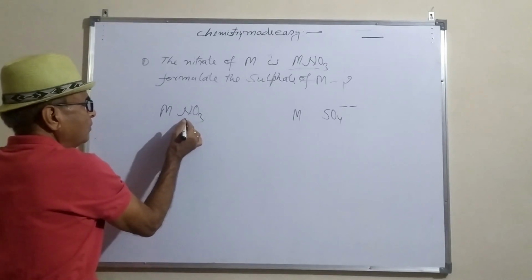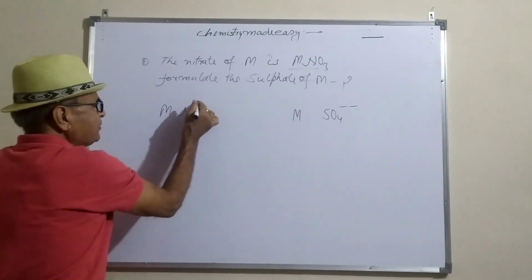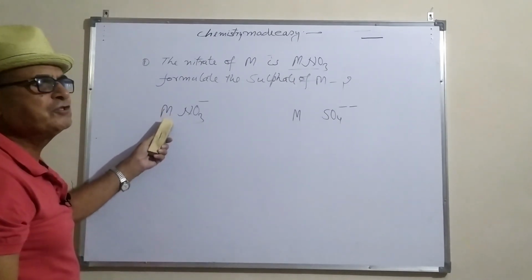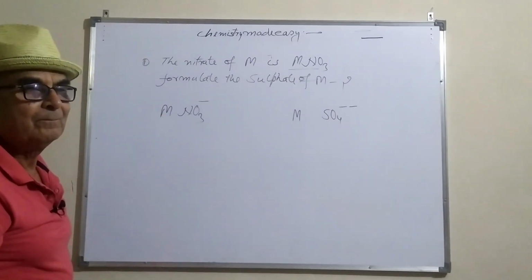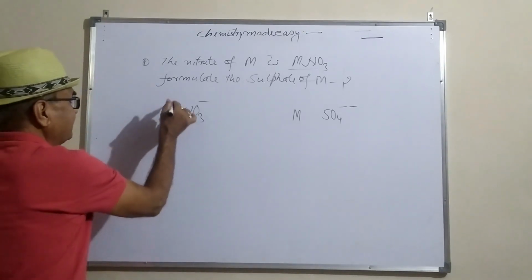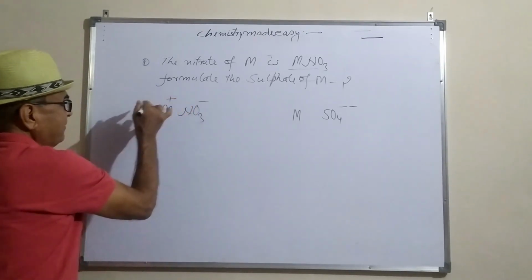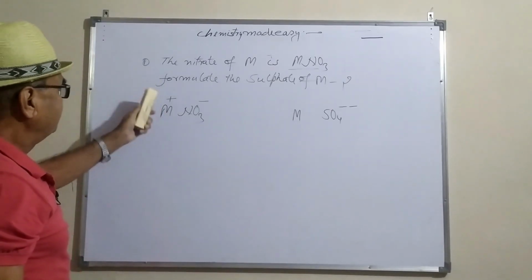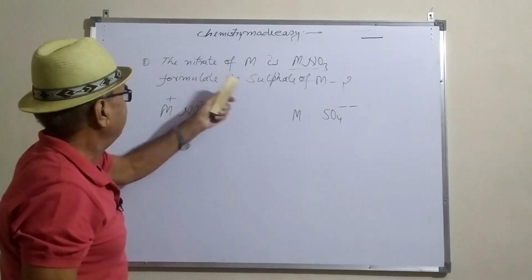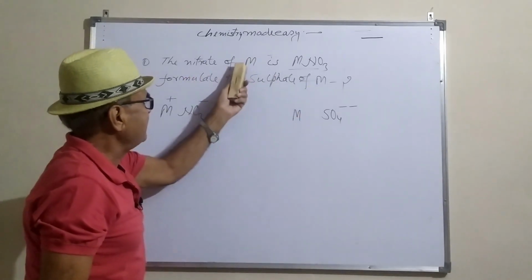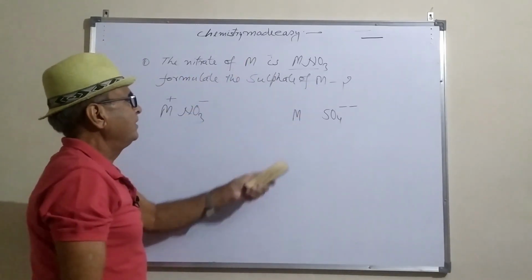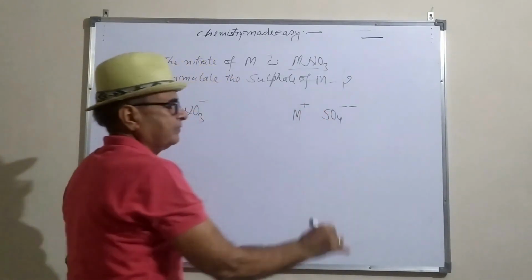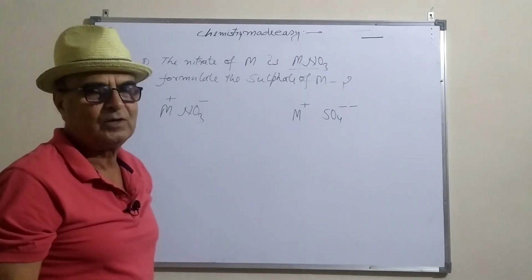Here you know the charge of nitrate is 1 negative. Then what will be the charge of M? Now you can calculate that the charge of M is 1 positive.